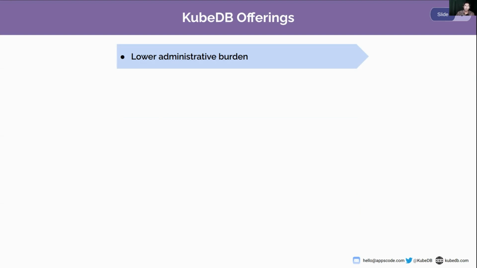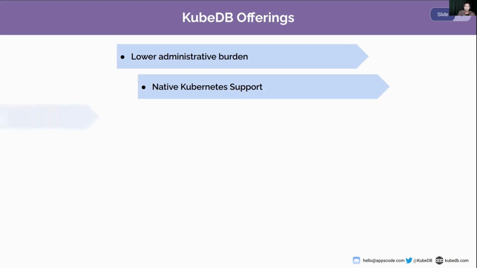So you can get all the databases in one place, and you don't have to worry about the administrative part. And then native Kubernetes support. To run KubeDB, you just need a Kubernetes cluster. It can be anywhere, any cloud provider's Kubernetes, a bare metal Kubernetes, or your own private cluster, because you can just install KubeDB and use it natively in your Kubernetes cluster.